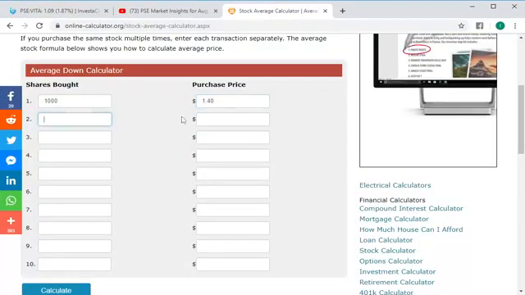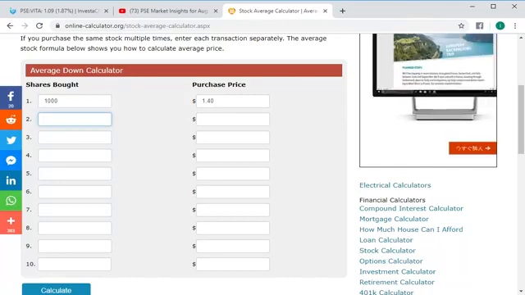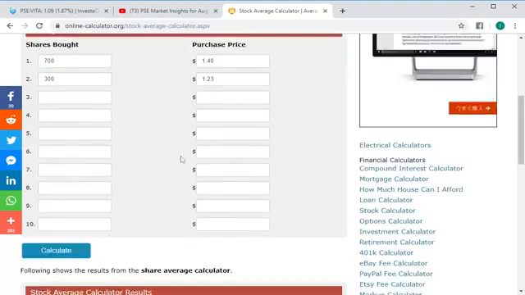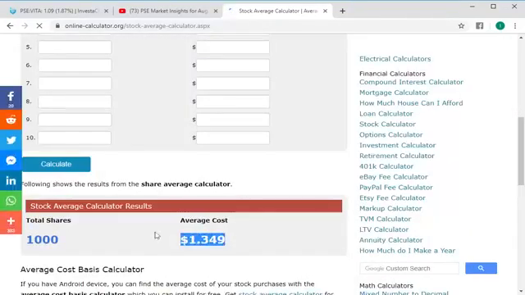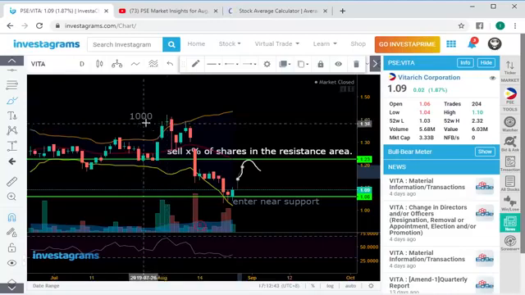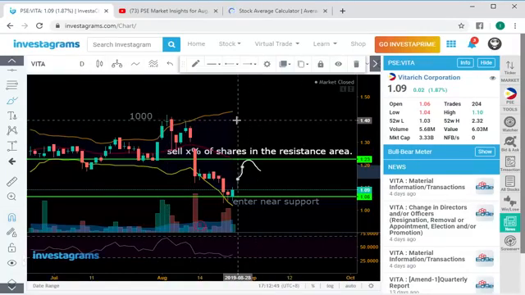Now, I sold the 300, right? And then I repurchase it at still 300 shares. So this one will become 700 because I sold the 300, but I purchased it here at 1.23. My new cost average now is 1.34. It will no longer be in the 1.40 level.